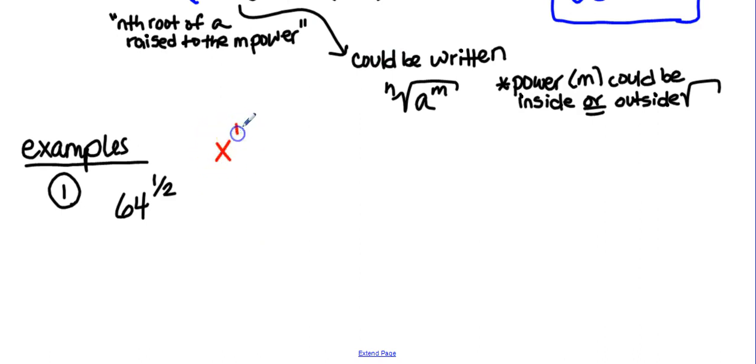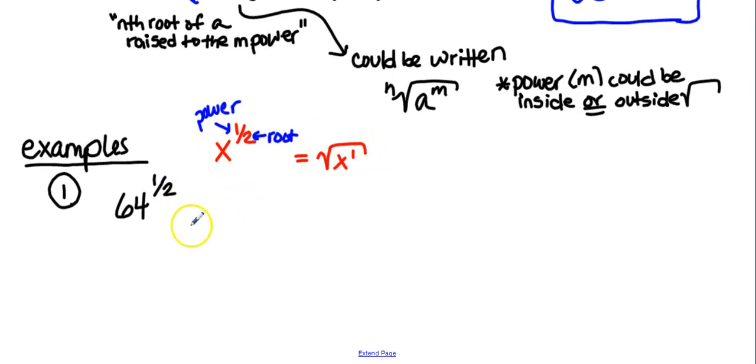As soon as I see x to the 1/2, I want to make a connection. Root, power. So x to the 1/2 is the same as the square root of x to the first. Root, square root, and there's my power. So square root of x to the first power.